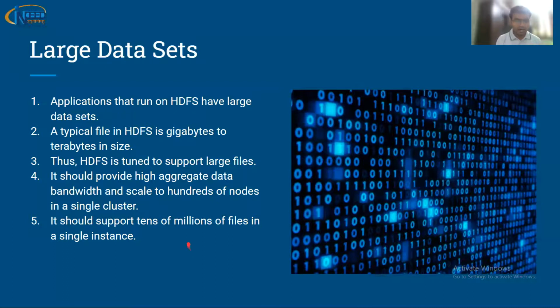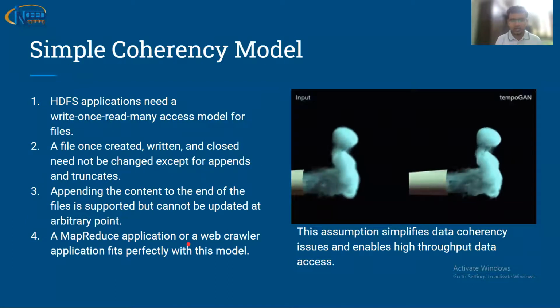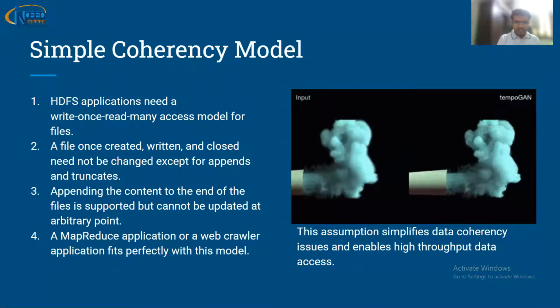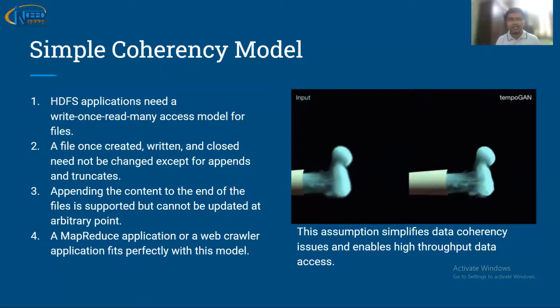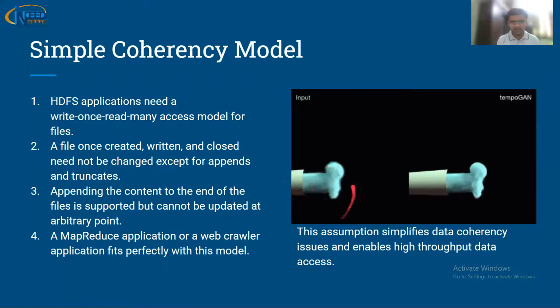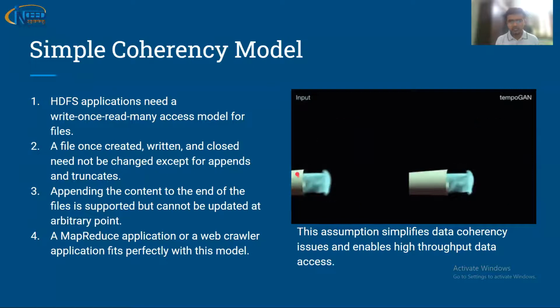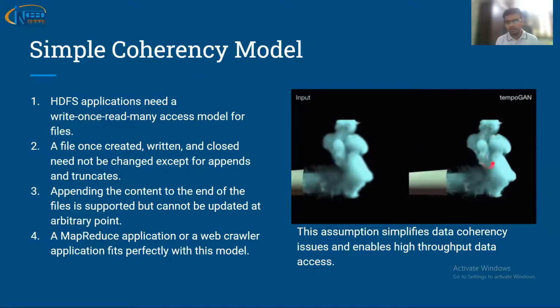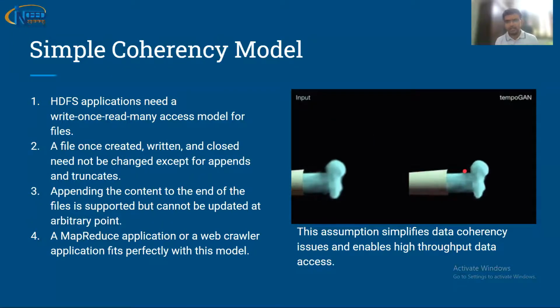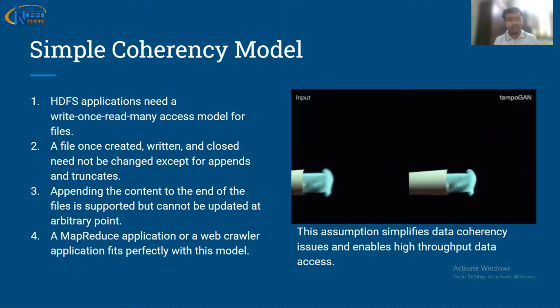Now, moving towards the next one: the simple coherency model. So what is this? With the help of the image, you can see that if something is happening at one part, look at this: some sort of smoke is being produced by this entity, and exactly the same sort of smoke is produced in the second image. I put this image just to make the analogy.